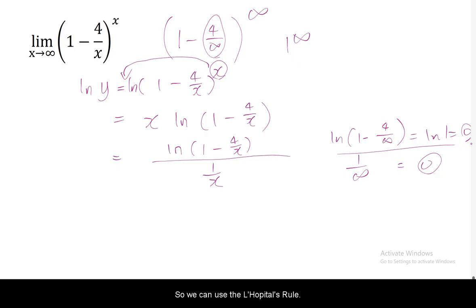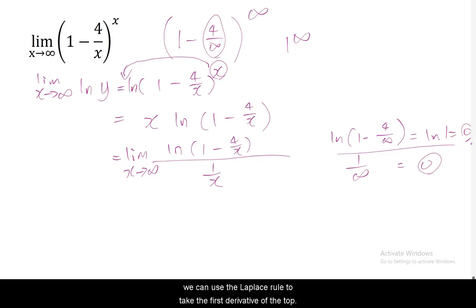So we can use L'Hopital's rule, right? So taking the limit here as x approaches infinity, we can use L'Hopital's rule to take the first derivative of the top. You have 1 over (1 minus 4 over x) times the derivative of 1 minus 4 over x.